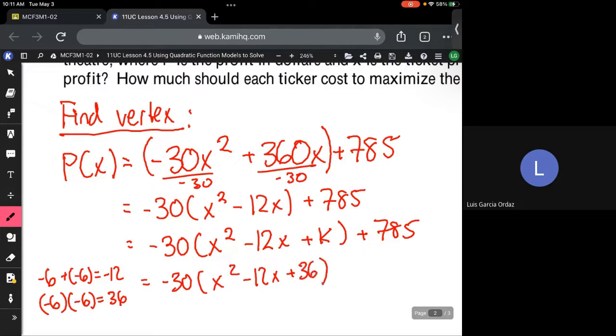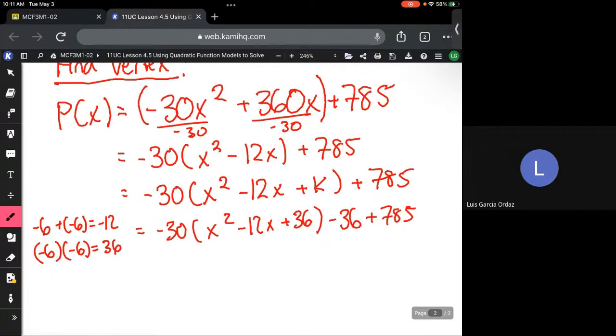And what goes on the outside of the bracket, Ashton? Minus 36 plus 785. So what's going to be my perfect square here? What two numbers did we use to get to negative 12?